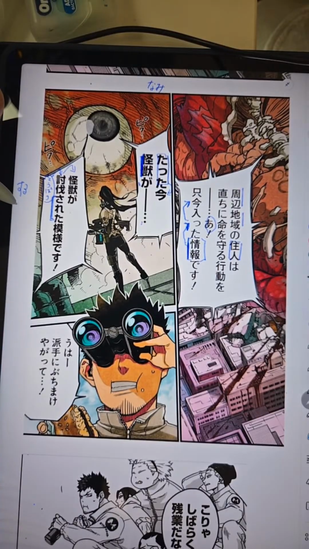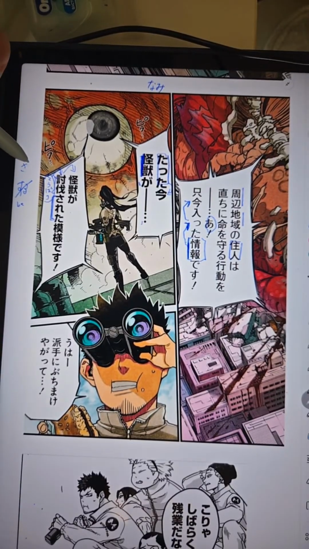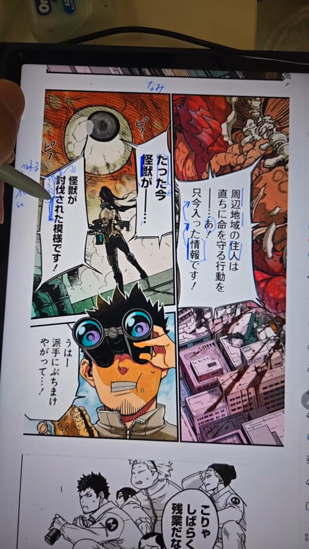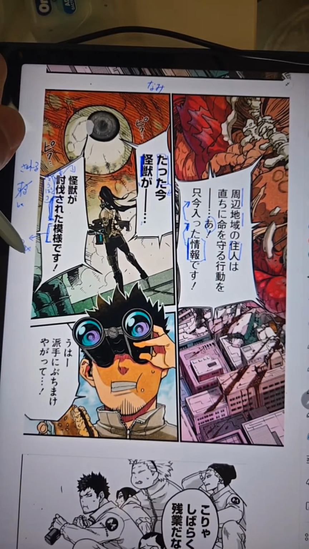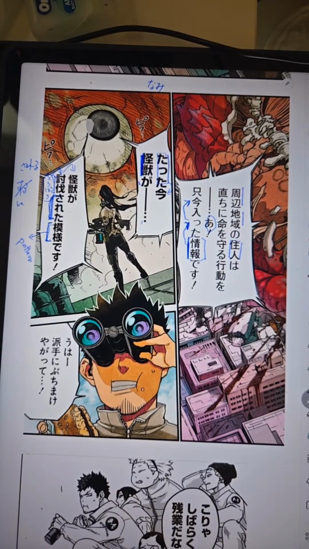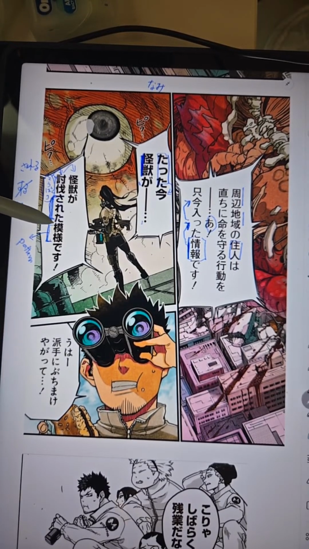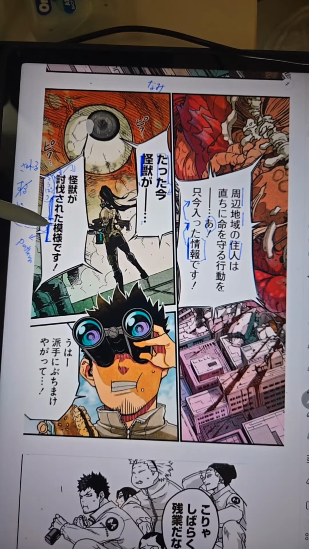Passive form, to be, in this case, eliminated. する passive form is される。された past tense. 模様. The literal meaning of 模様 is pattern, like for example, 私の猫の模様はすごいかわいい。The pattern of my cat is really cute. So 模様 can be used as pattern, but in some situations 模様 can mean situation. Obviously this meaning, situation, is being used in this context. So with that, you can translate it as it looks like. It looks like the monster has been eliminated.